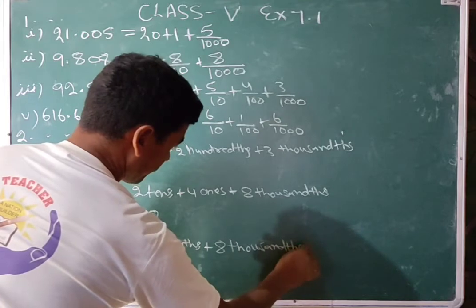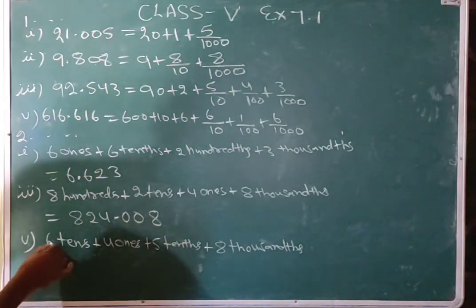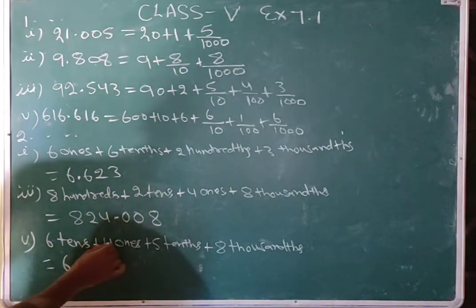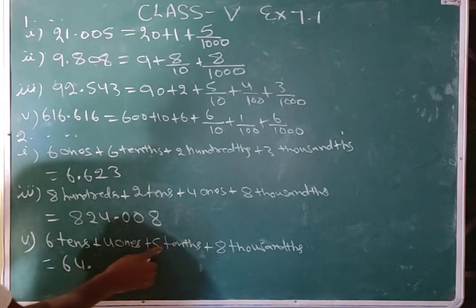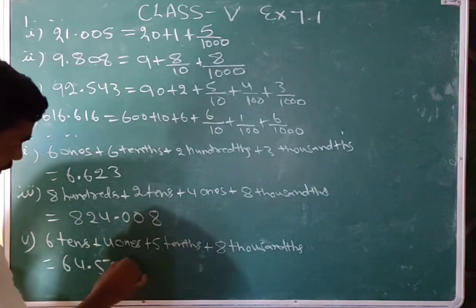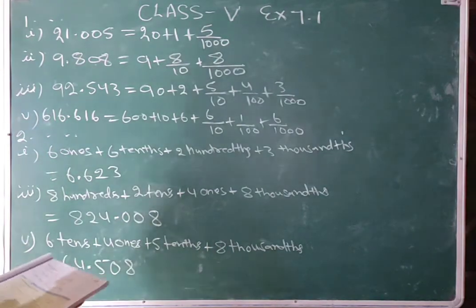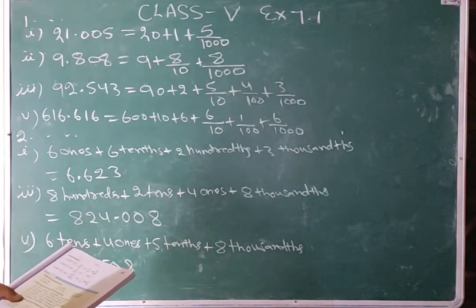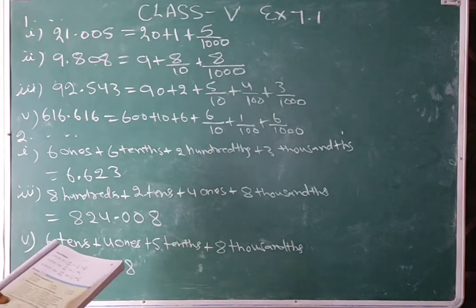You are looking at 6 tens, 4 ones, then the decimal, the tenths place is 5, the hundredths place is not given, so that is 0, and the thousandths place is this one. And then the sixth part you can also do, no problem will be there.